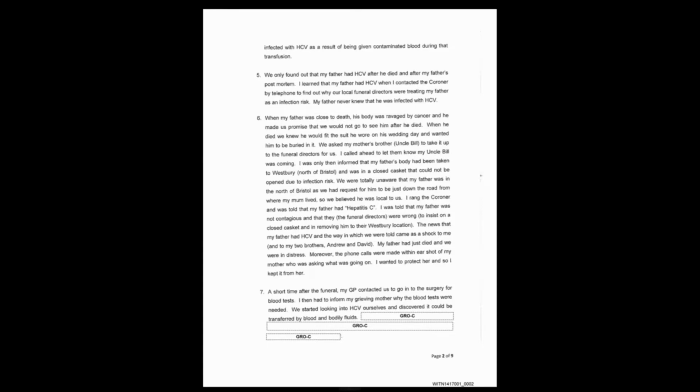So, another theme that's been clear, I hope, throughout some of the statements we've looked at is this temporal gap between the date of the transfusion and the timing of communication of diagnoses. It's very common to have periods that are decades long, and I'll just give you one example, which is a woman who experienced a period of 33 years of delay.